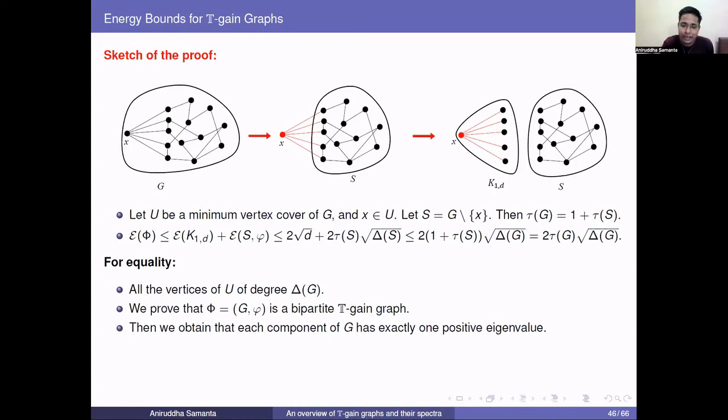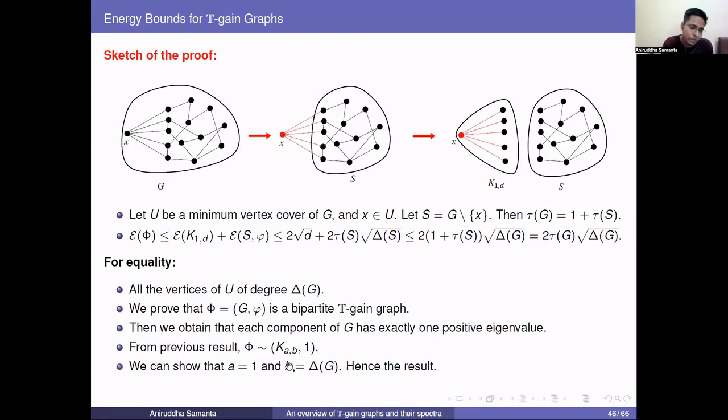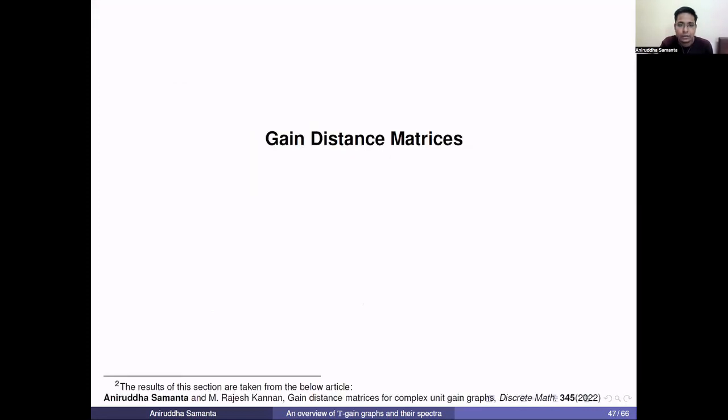Previously we have seen that if our structure is bipartite and it has exactly one positive eigenvalue, then our T-gain graph phi is a balanced complete bipartite graph with partition sizes A and B. And finally, using some calculation, we can show that A is 1, the size of one partition is 1, and the cardinality of the other partition is delta of G. And that will give us the result.